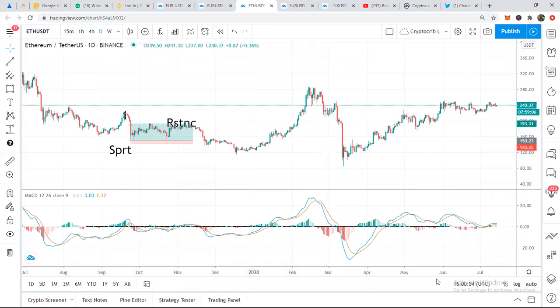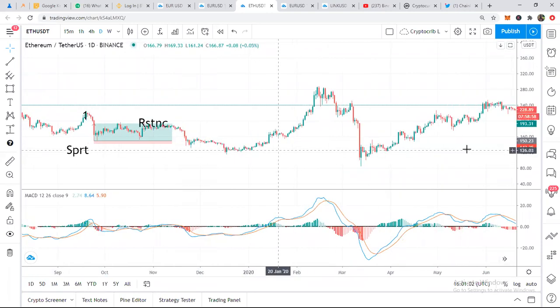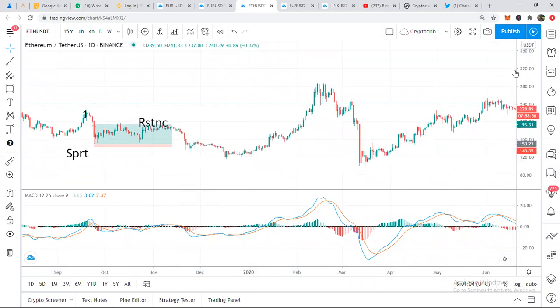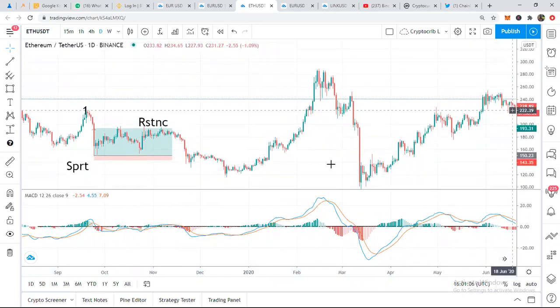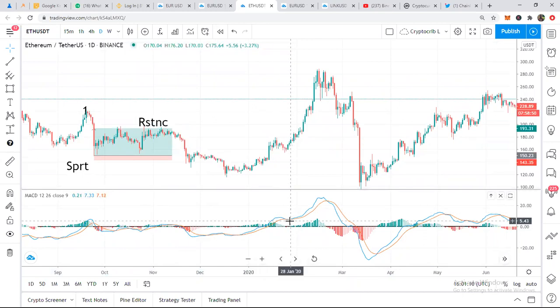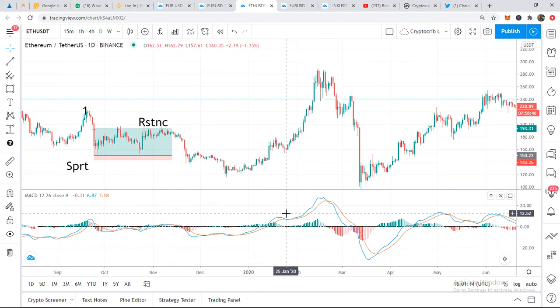All right, can you see it now? Yeah, I can. All right, so let's start from here. Now, can you see my cursor here? Yeah, cross. All right.